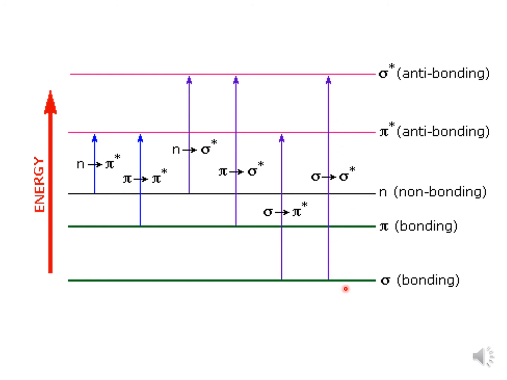So when a very large amount of energy is required, it shows that the molecule needs to absorb a very high amount of energy. So it depends on your molecule.